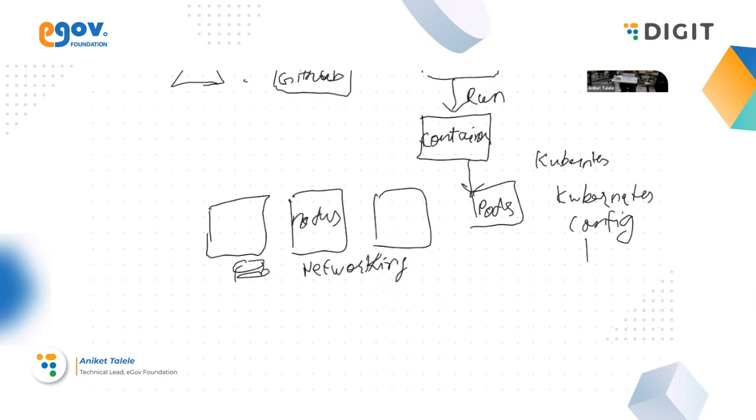We use Helm charts to manage Kubernetes configuration, right? Basically, it's a high level abstraction of the Kubernetes configuration. You can easily manage Kubernetes configuration using Helm. It's a package manager basically for your Kubernetes configuration. So now your developer has to do three things, right? He has to write the code, then he has to write the Dockerfile.